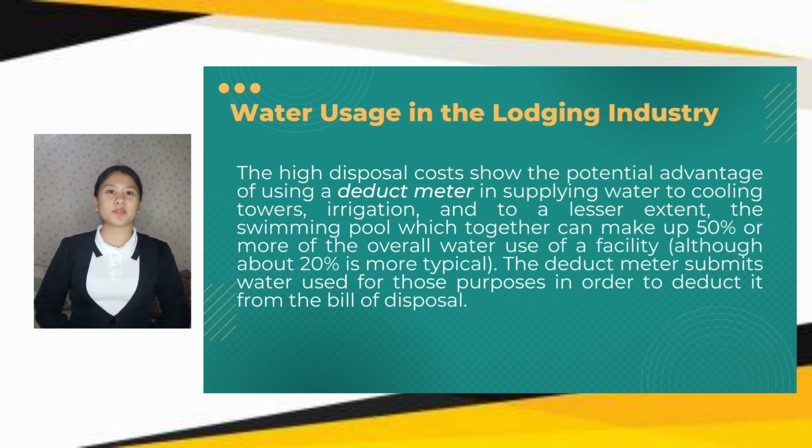The deduct meter measures water use for those purposes in order to deduct it from the bill for disposal. Also, a deduct meter enables the customer to realize savings for water that does not enter the sanitary sewage system. Examples of water that does not enter the system: lawn sprinkler systems, swimming pools.